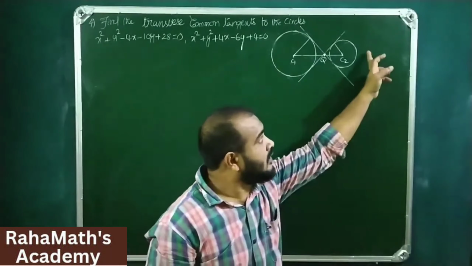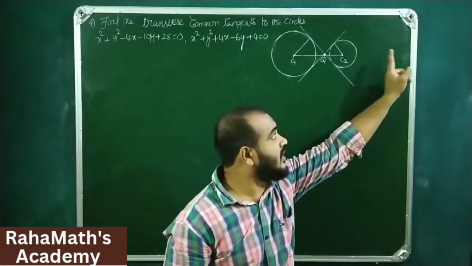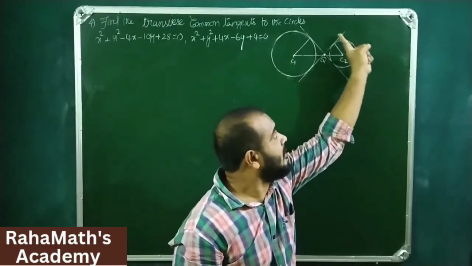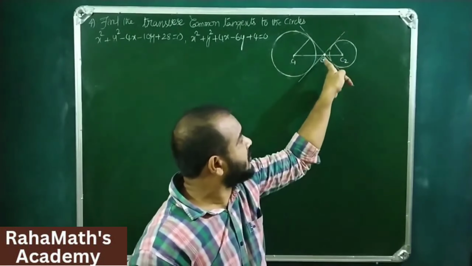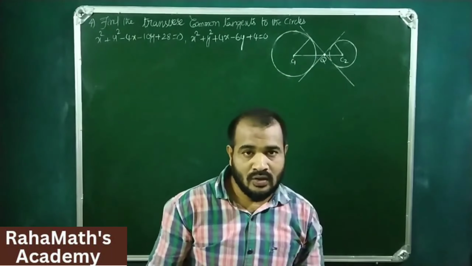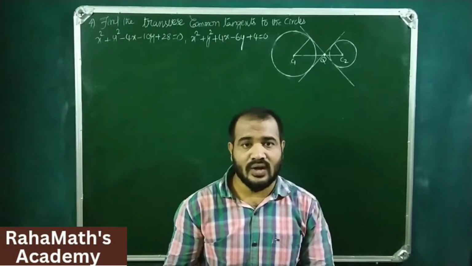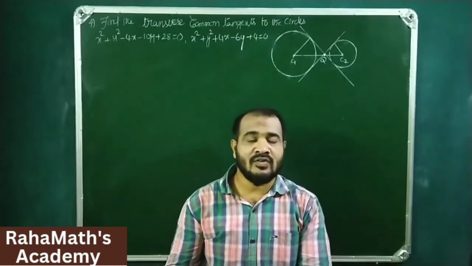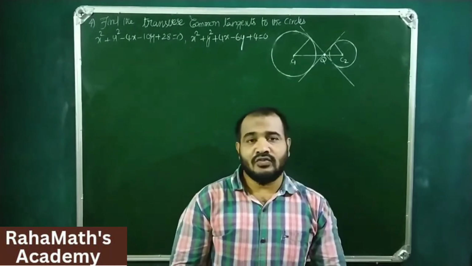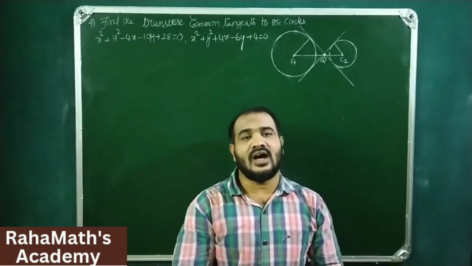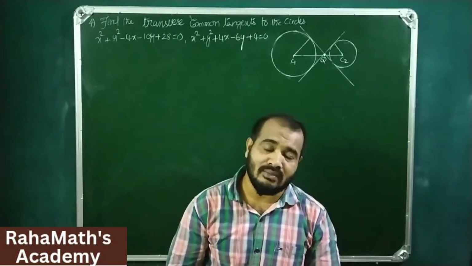The point of intersection of two direct common tangents is the external center of similitude. The point of intersection of the transverse common tangents is the internal center of similitude. The internal center of similitude is (R1x2 plus R2x1) by (R1 plus R2), (R1y2 plus R2y1) by (R1 plus R2). The external center of similitude is (R1x2 minus R2x1) by (R1 minus R2), (R1y2 minus R2y1) by (R1 minus R2).